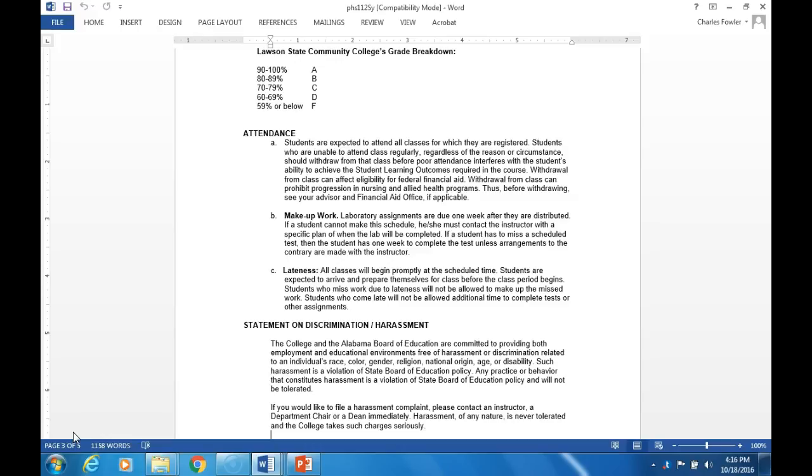So if you made a D or an F in a certain class once, you can retake it. But if you withdraw after that, they won't pay for it the third time. They'll pay for the second, but not the third. So that's the only thing. If you are on financial aid, you need to beware of that. Now, none of you, I don't think, are in nursing or allied health, so you don't have to pay attention to that.